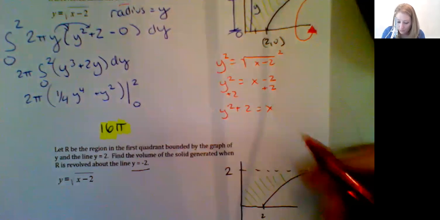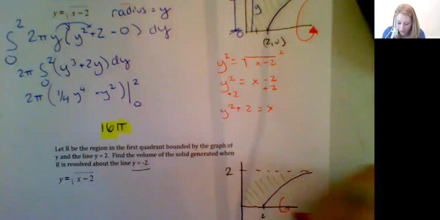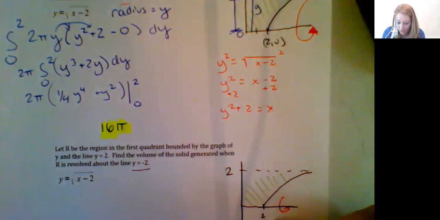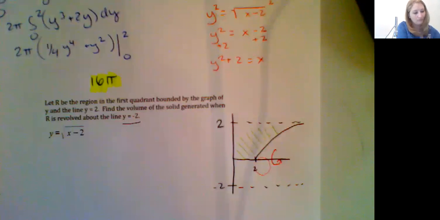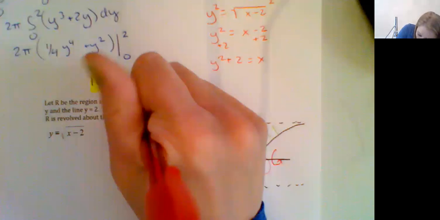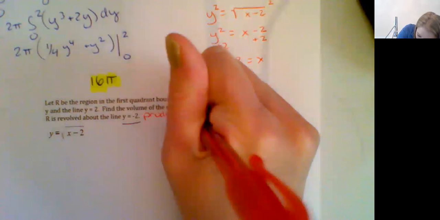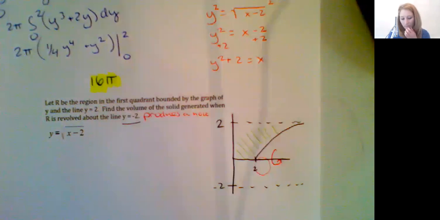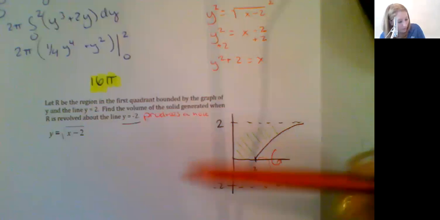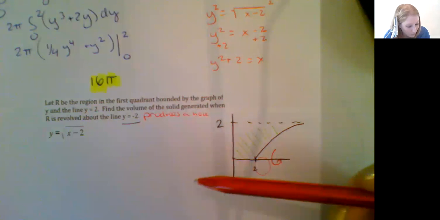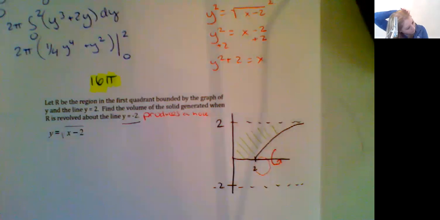As this is rotating around here, you're going to end up with this kind of hole in the center, right? If I was more skilled at drawing, I would try to draw it, but there's probably a really nice picture in your book that you could reference.